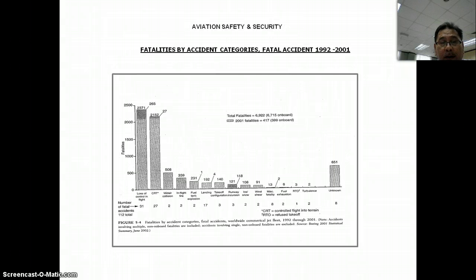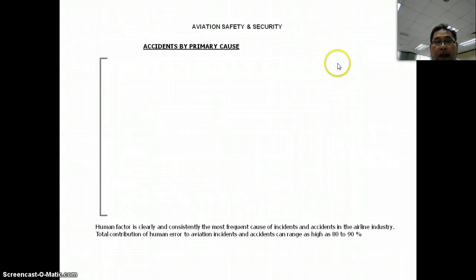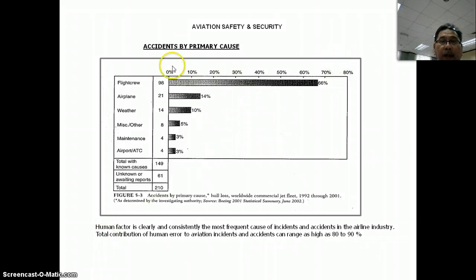This is another graph indicating the fatalities by accident categories. All these figures are from 1992 to 2001. Looking at accidents by primary cause, flight crew: about 60% of accidents were due to flight crew.